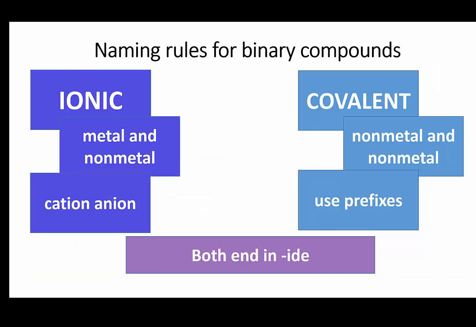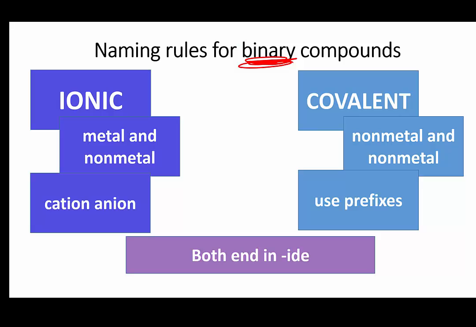Well, there's a set of rules in chemistry, just like there is in any foreign language. There are a set of rules in the language of chemistry. And today we're going to look at the naming rules for compounds that only have two elements in them.